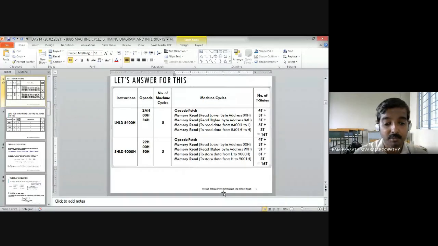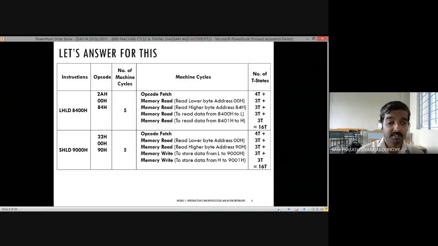So it's memory write only, sorry. To store data from L to 9000 and to store data from H to 9001. Fine? Okay.